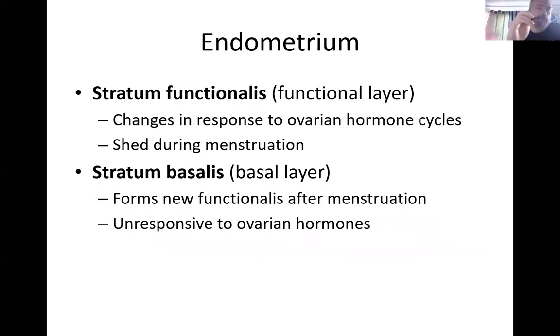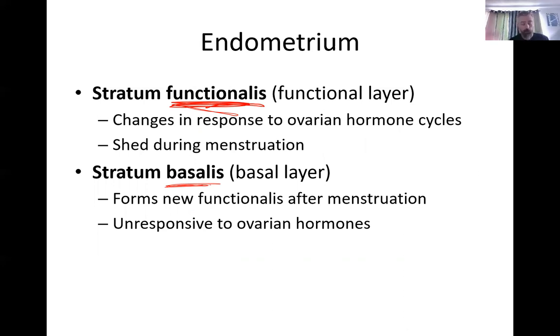The endometrium is divided further into 2 layers: a stratum functionalis, the functional layer, which is literally what it means in Latin, and the stratum basalis, or the basal layer. Stratum basalis is permanent. It's always there. It's mitotically active. The stratum functionalis is the part that gets shed during menstruation.